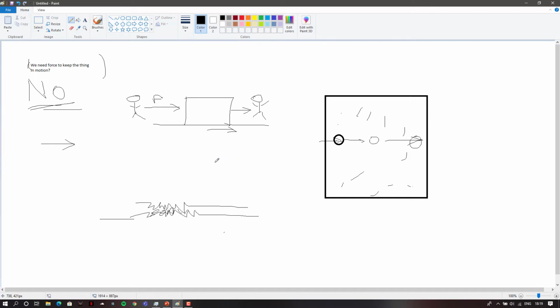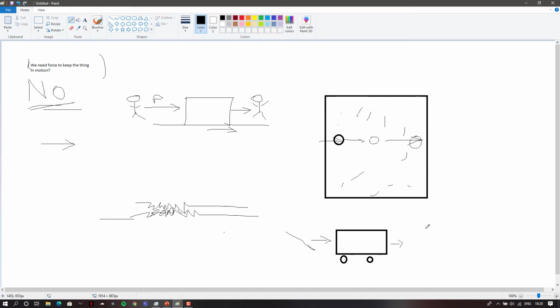Just imagine this is a trolley bus, and when we push it in this direction, it will start moving in this direction.